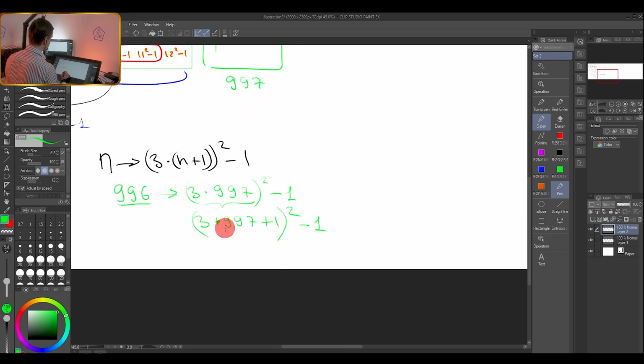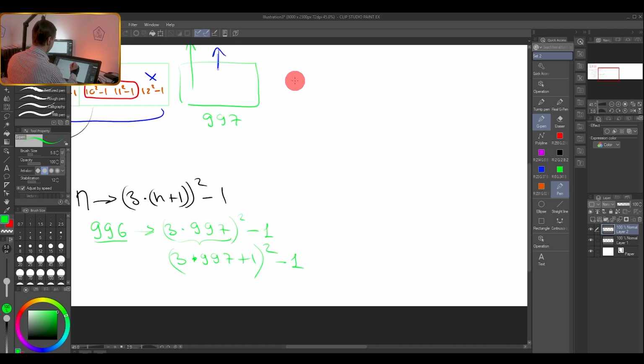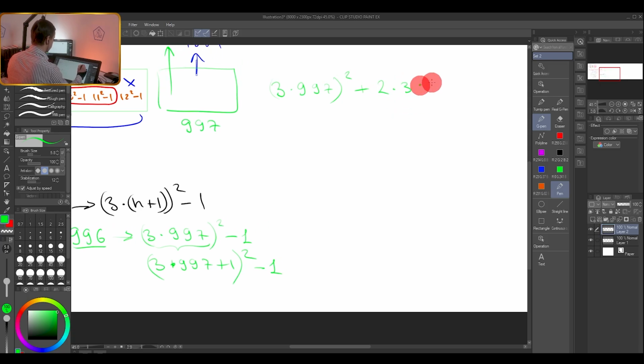So with this number, 3 times 997 plus 1 squared minus 1, let's simplify it. When you square it, the 1 will simply cancel out, and you will get 3 times 997 squared, plus 2 times 3 times 997.